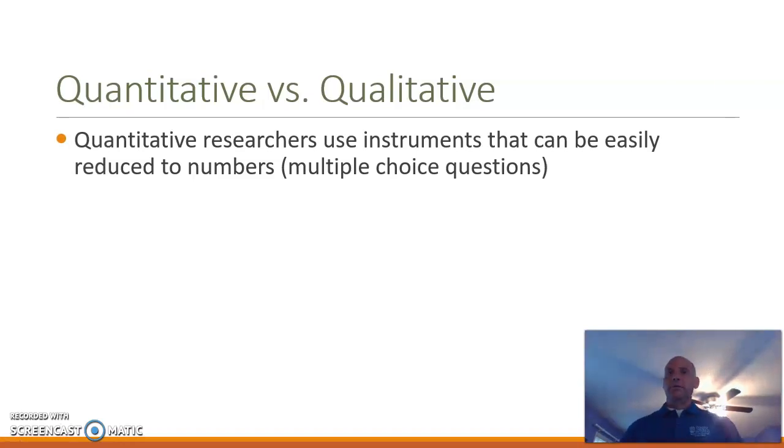Quantitative researchers use instruments that can easily be reduced to numbers. So a lot of times we'll get, think about those faculty evaluations that you do at the end of the semester. And usually they'll give a question like, my teacher was organized, and you rate your professor from a 1 where they're very unorganized to a 5 where they're very organized.